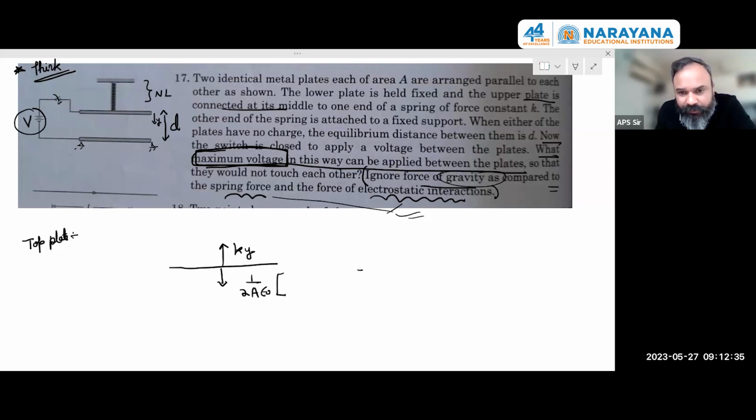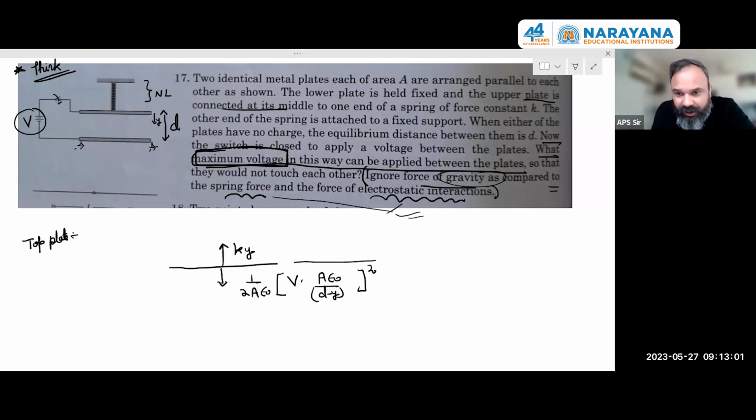And Q is a function of distance, because Q can be written as capacitance into voltage. The capacitance at that place will be A epsilon naught by d minus y, because the distance between the plates has reduced. So you can understand the two forces in the problem, the spring force and the electrostatic force, both have variable values.